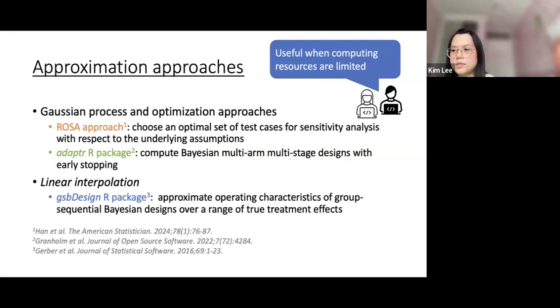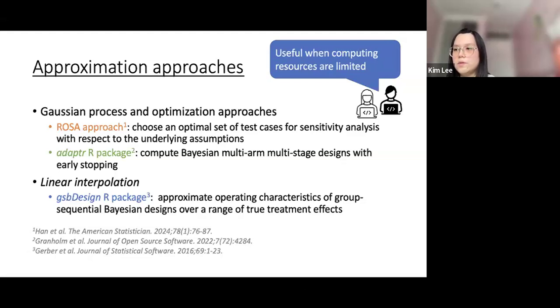In methodology research, there are proposals of methods that approximate the simulation outputs instead of running all the possible test cases. For example, the ROSA approach and the ADAPT-R package use Gaussian process to model the simulation output, which then provide approximation to the output of test cases that were not evaluated by simulation.